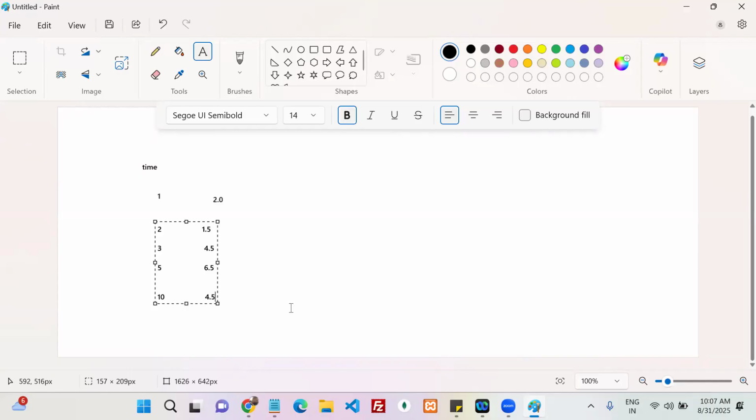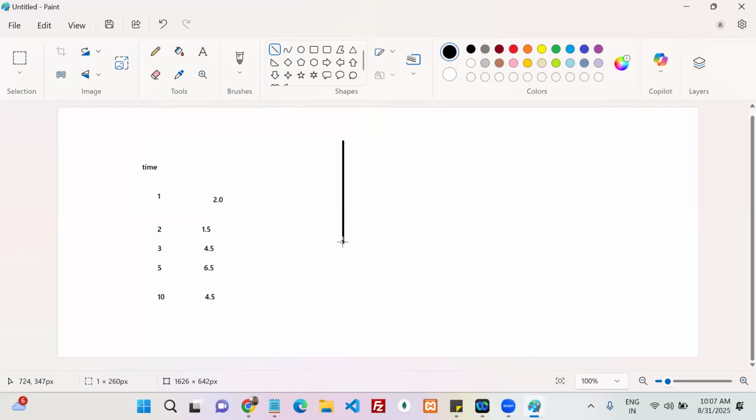Now I want to predict a student's GPA from the amount of time he spends. If you want to draw the graph, how can we draw it? I have the time and my student GPA.